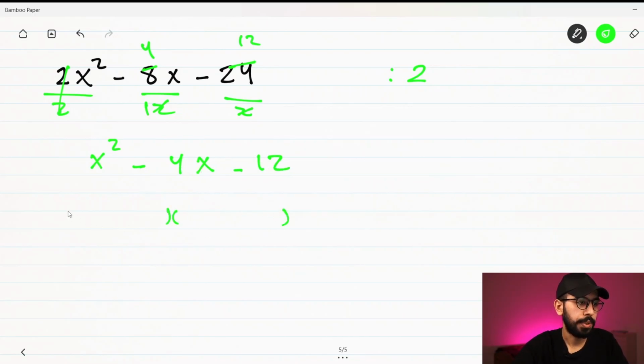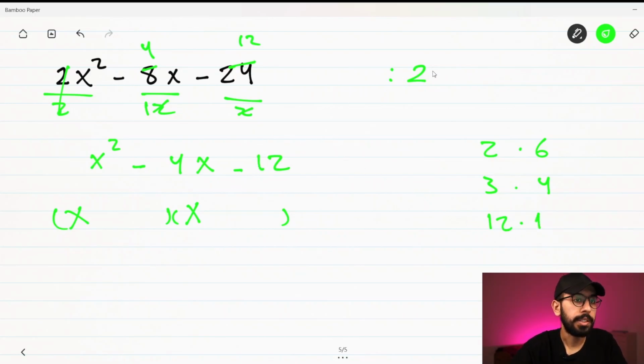We need now to open two brackets. We put the x here and the x here. And what are the two numbers that when multiplied to each other give 12? We have 2 and 6, 3 and 4, 12 and 1.